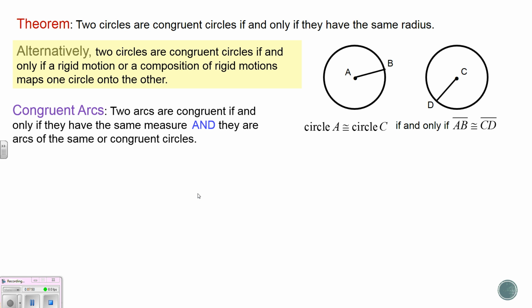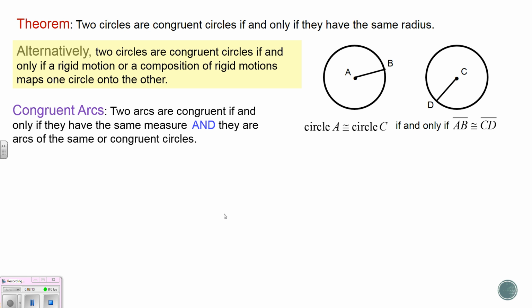All right, congruent arcs. Arcs are considered congruent if and only if they have the same measure, like 50 degrees and 50 degrees, and they are arcs of the same or congruent circles. That is really important because circles can be different sizes, right? And they have different radii.